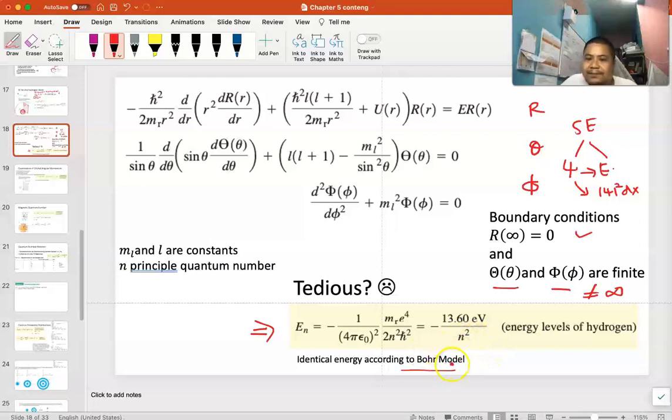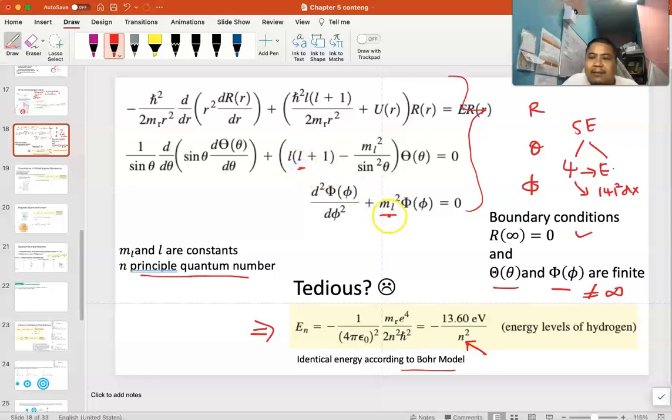Alright, so from here we can see that there is one dependency of the energy, which is n. n is called the principal quantum number. And then from these three separated wave function variables, there are two which appeared, which are ml and l.